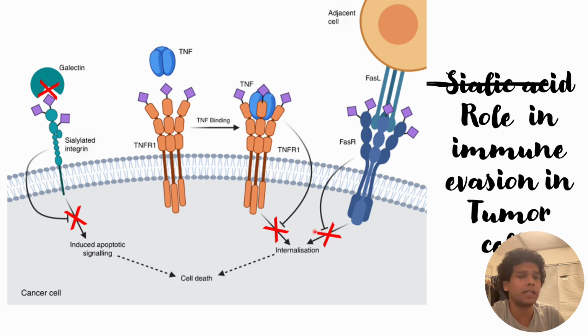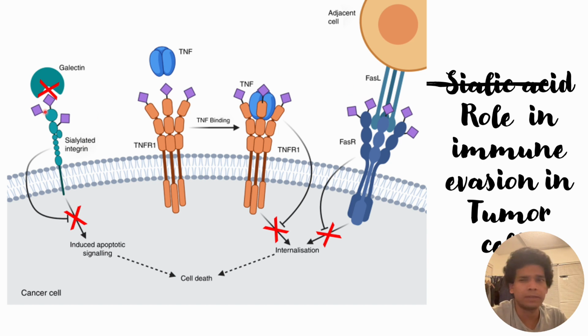This will prevent the internalization, in other words the downstream signaling within the cells that triggers the cell death. So this is another way by which sialic acid acts as immune evasion and prevents the tumor cells from being attacked by the immune system of the host.